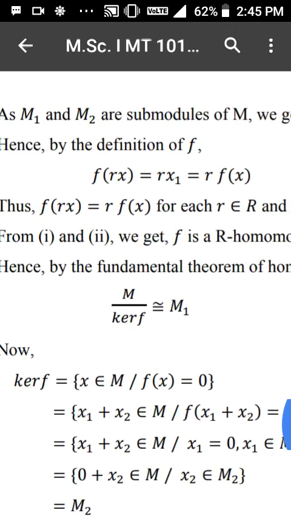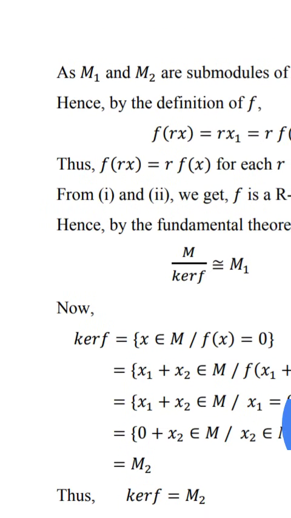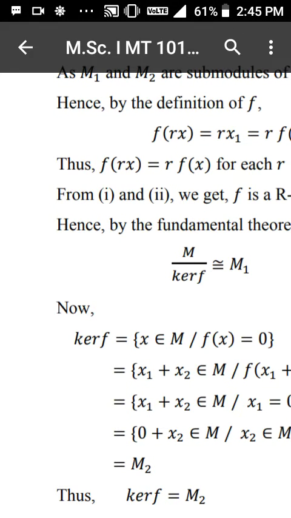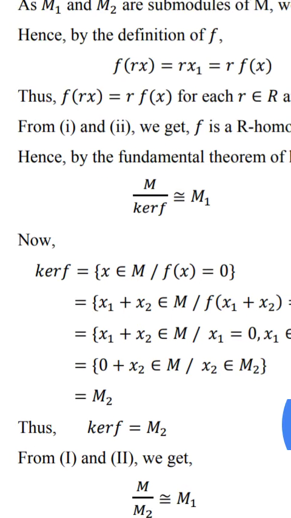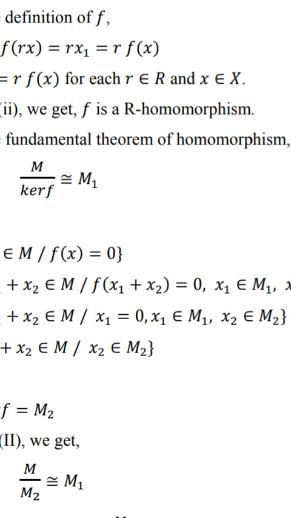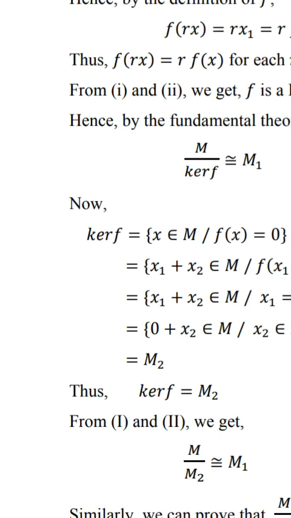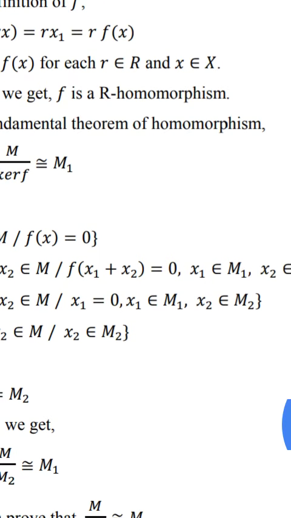Hence, by the fundamental theorem of homomorphism, M divided by kernel f is isomorphic to M1. Now, we want to find kernel f. Kernel f is equal to the set of x belongs to M such that f of x is equal to 0. That is, x1 plus x2, with x1 belongs to M1 and x2 belongs to M2, such that f of x1 plus x2 is equal to 0, which means x1 is equal to 0.